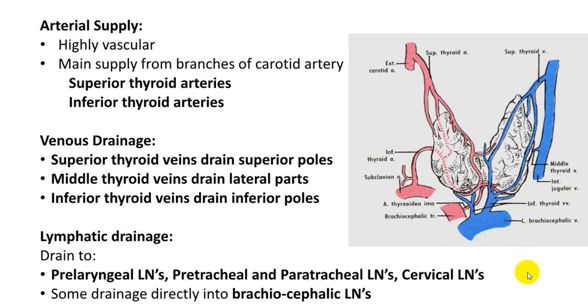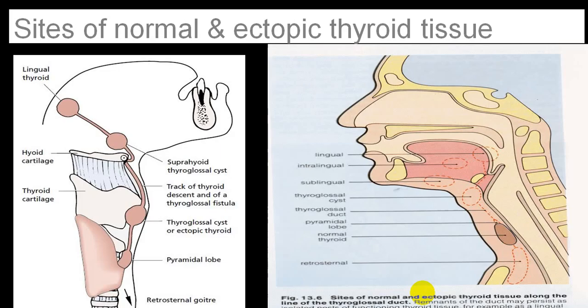Lymphatic drainage is into prelaryngeal, pretracheal, paratracheal, cervical, and sometimes into brachiocephalic lymph nodes.